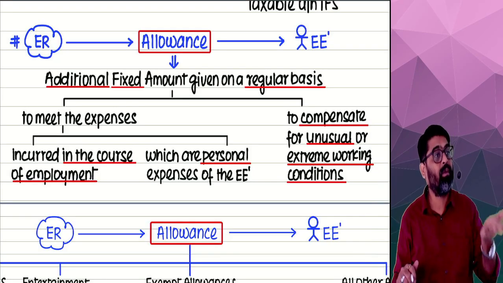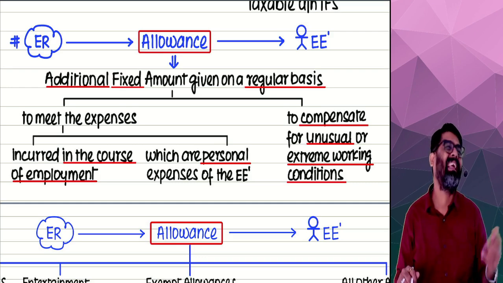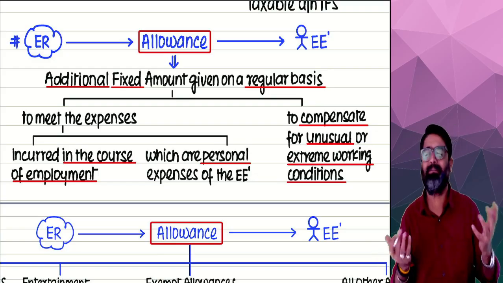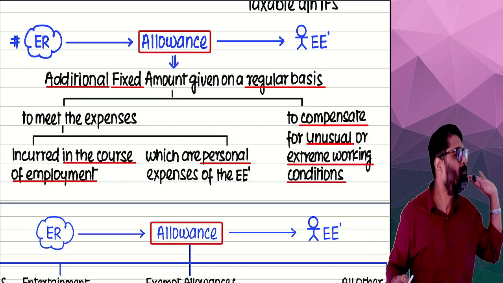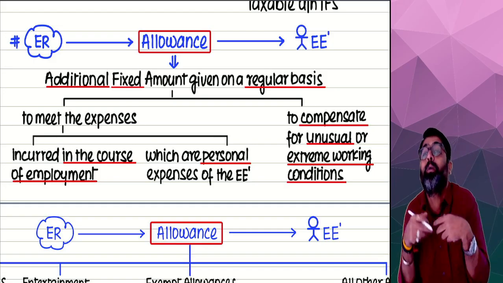Just imagine if they come every day asking, sir, I want to go here, sir, I want to go there, please pay money. The employer will not be able to do any other work. He will be busy in distributing money.